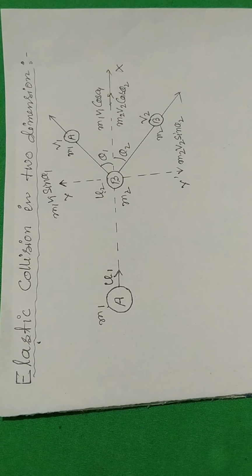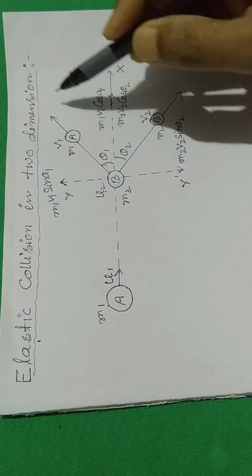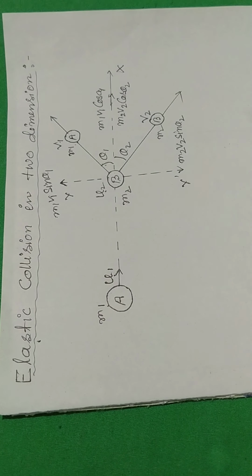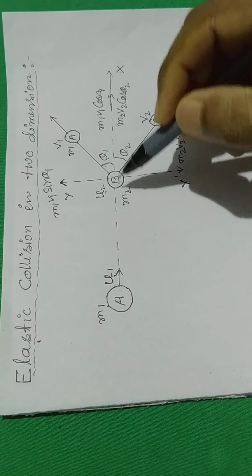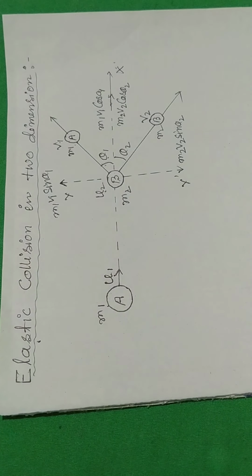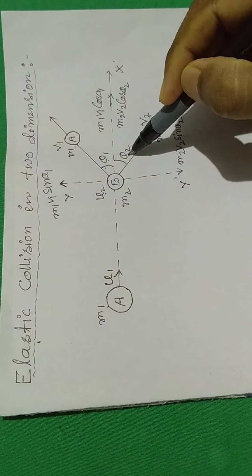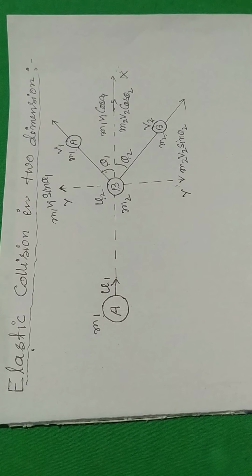After collision, the body of mass m1 moves with velocity v1 at an angle theta 1 with the x-axis, and the body of mass m2 moves with velocity v2 after collision, making an angle theta 2 with the x-axis. In elastic collision, kinetic energy and momentum are conserved, we know.